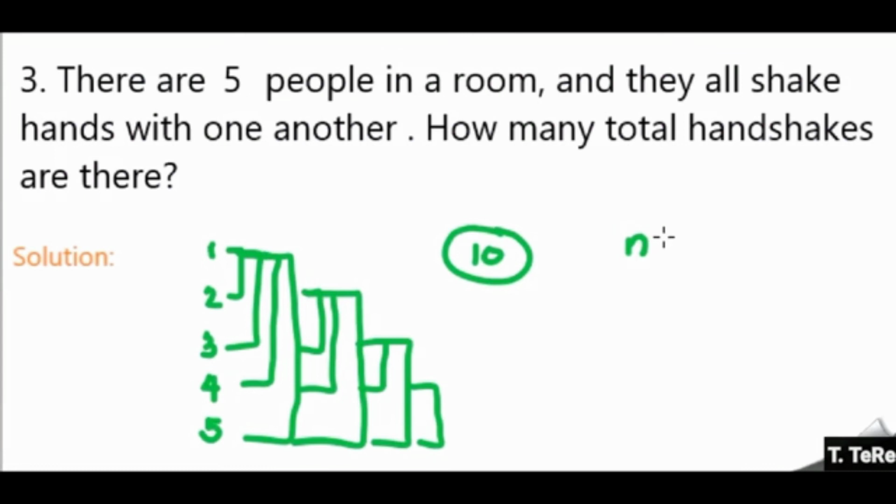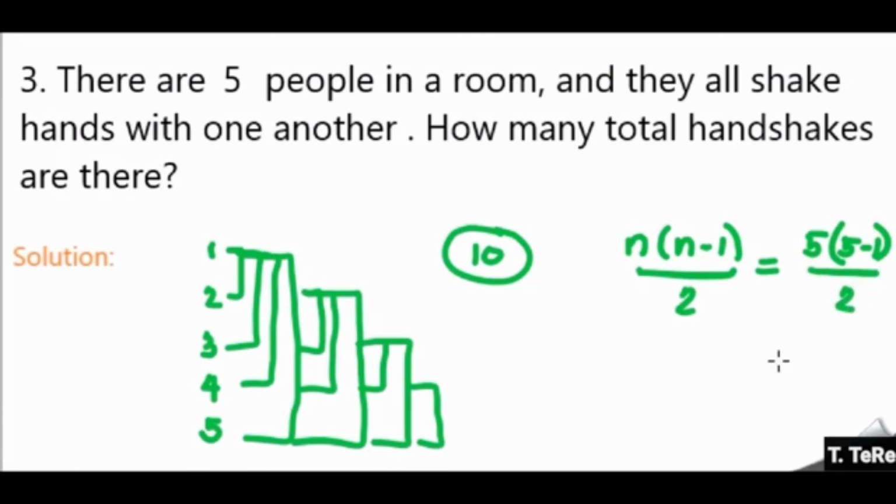Or you can use a formula which is n times the quantity n minus 1, divided by 2. N is the number of persons, which in this case is 5. Then again, write 5 for n minus 1. It's always minus 1, all over 2.